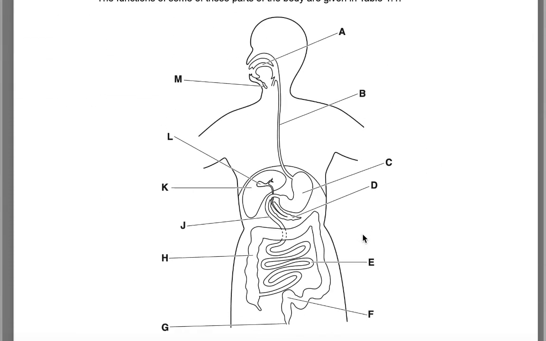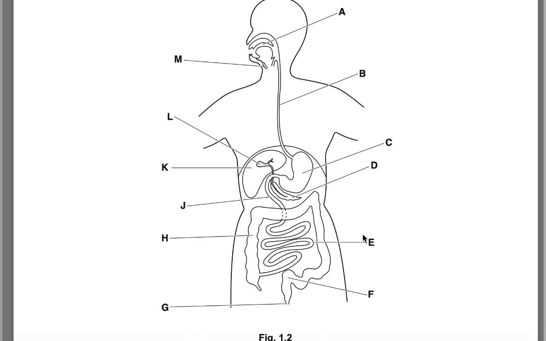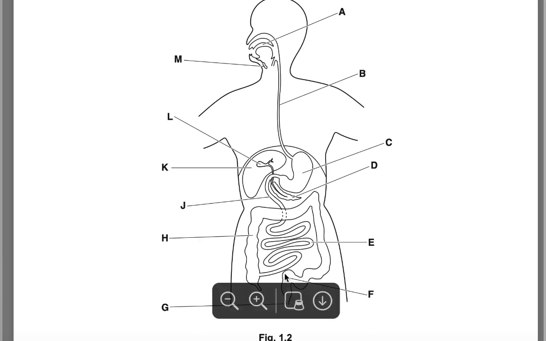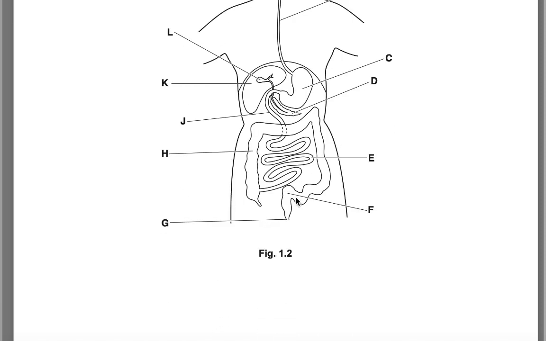So storage of feces is where? Letter F, and it is the rectum. If they give a function, we give the letter from this human alimentary canal, and we give the organ.